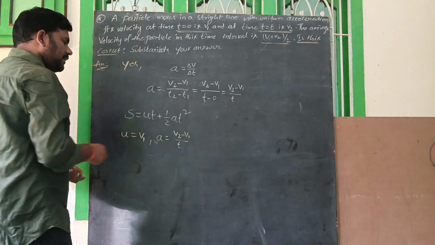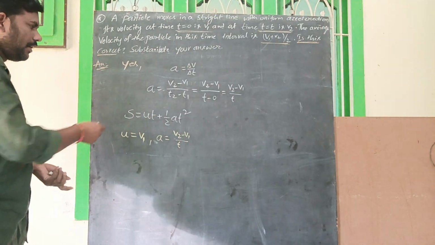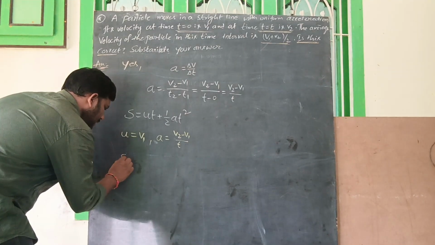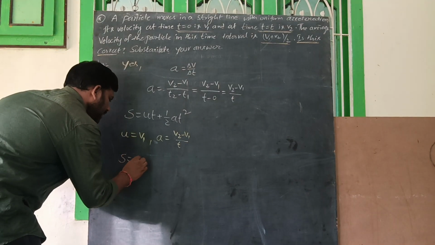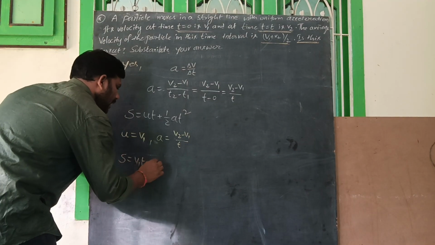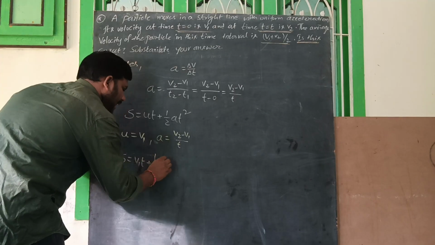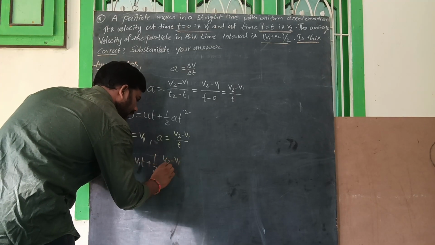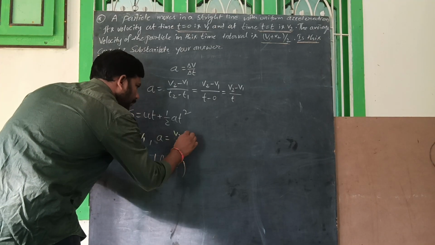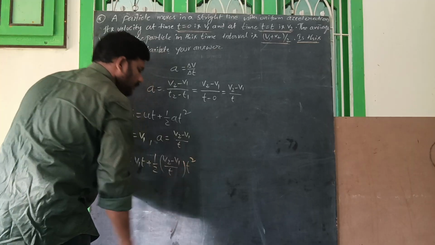We can substitute these two values in the above equation. S is equal to v1t plus half into (v2 minus v1) by t into t square.